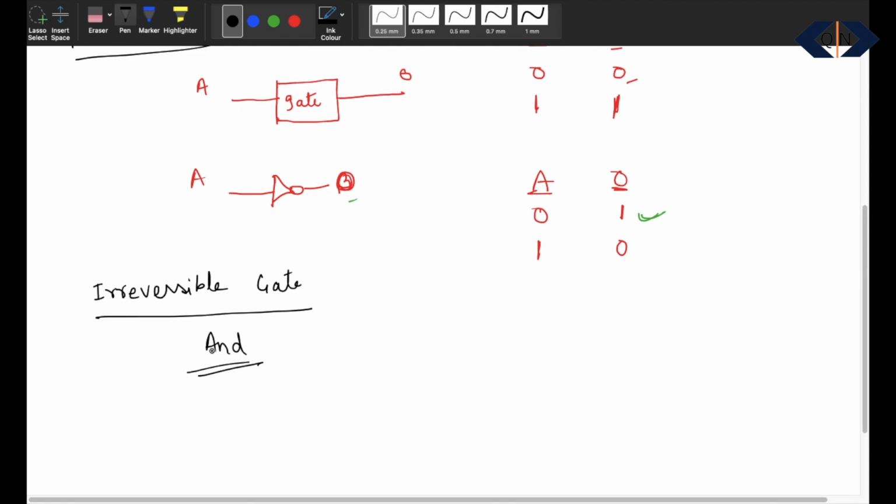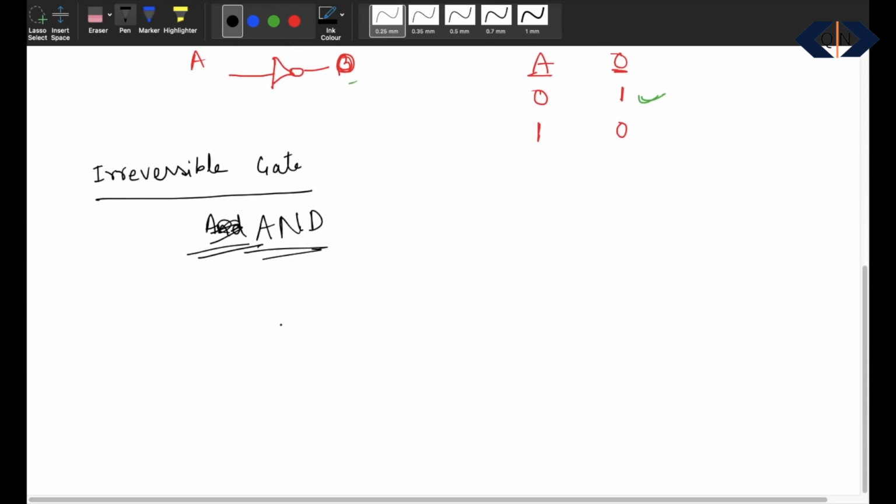Let me write it in capital, AND gate. So let's look at the AND gate. We have two inputs and one output, A, B, O. Let's write its truth table. A, B, O. This will be 0, this will be 0, then our output will be 0.